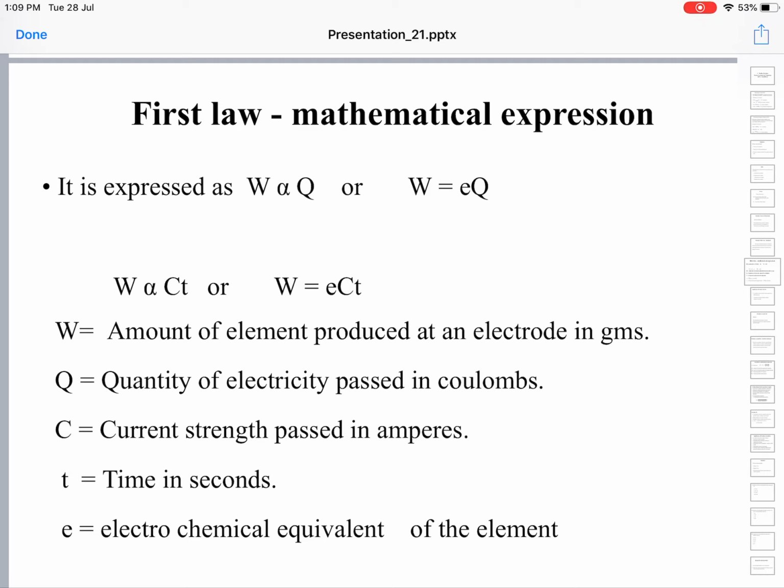Likewise, wherever you take copper, its electrochemical equivalent will be constant. So electrochemical equivalent depends upon the nature of the element, is constant for a given element, and differs from one element to another. Understand? W is equal to eCt is the mathematical expression of the first law of Faraday.